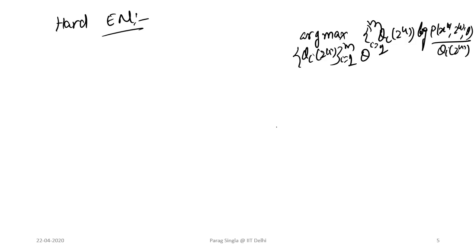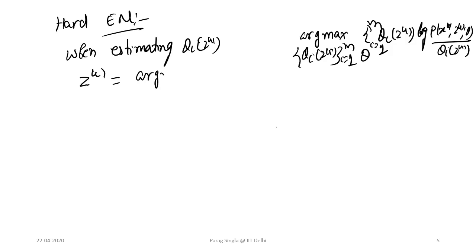And in Hard EM, in the step when estimating q_i(z_i), instead of taking the entire distribution, we say that we are going to fill in one specific value of z_i, which maximizes this distribution.